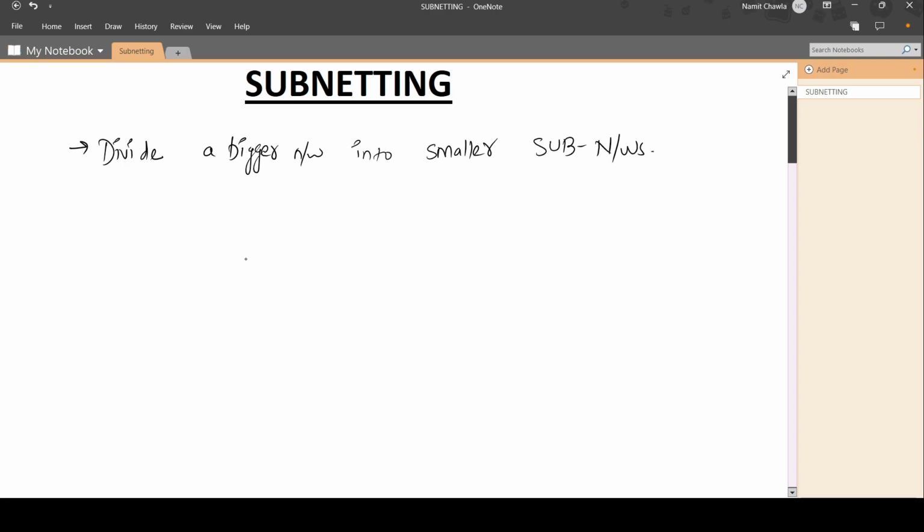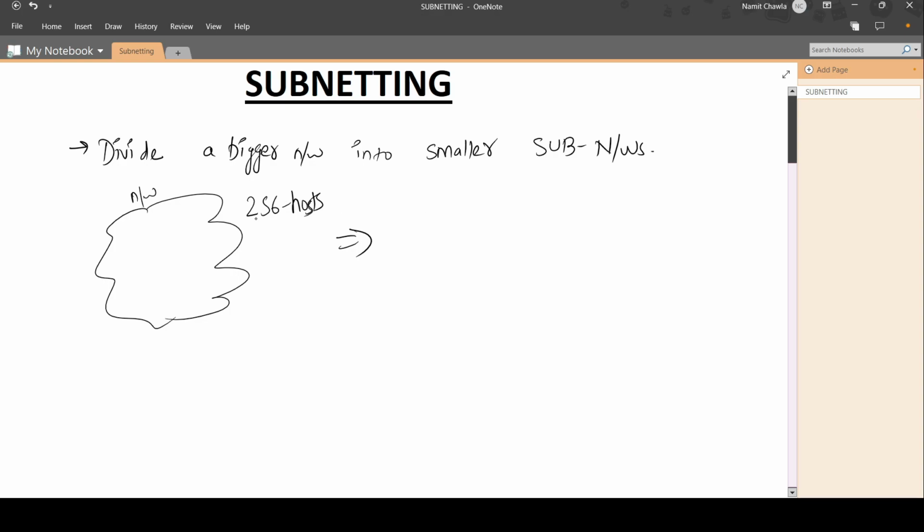For example, let's say this is my one big network. Let's assume that this network has 256 hosts. Let's say this type of network we are using in our houses.